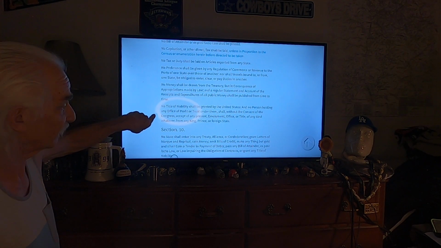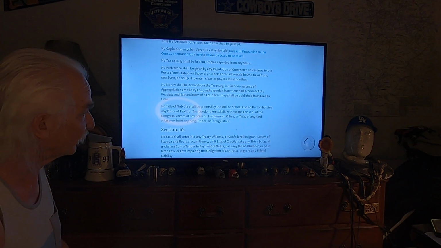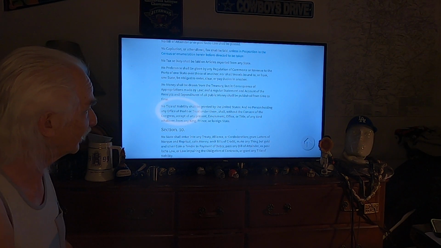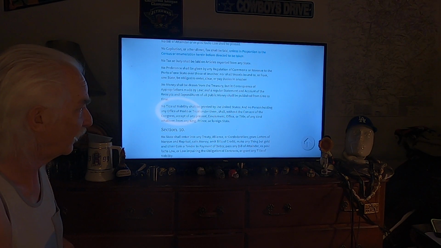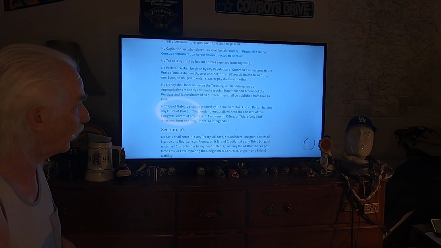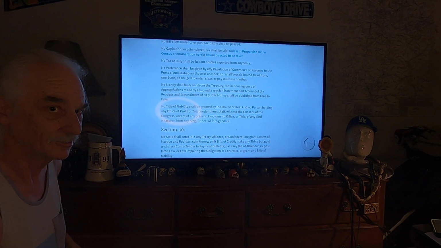I love this last line in Section 9, Article 1, which reads, no title of nobility shall be granted by the United States, and no person holding any office of profit or trust under them shall, without the consent of Congress, accept of any present, emolument, office, or title, of any kind whatever from any king, prince, or foreign state.